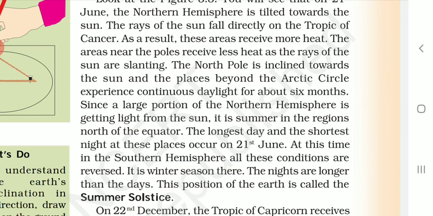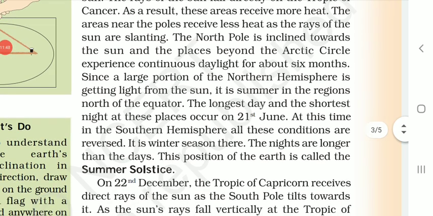The North Pole is inclined towards the sun, and the places beyond the Arctic Circle experience continuous daylight for about 6 months. Since a large portion of the northern hemisphere is getting light from the sun, it is summer in the region north of the equator.